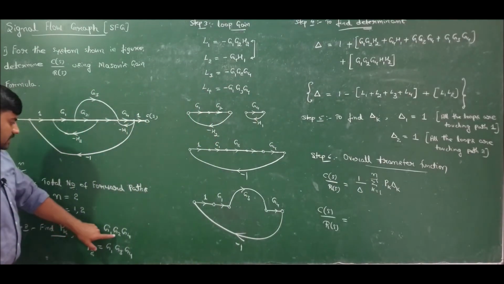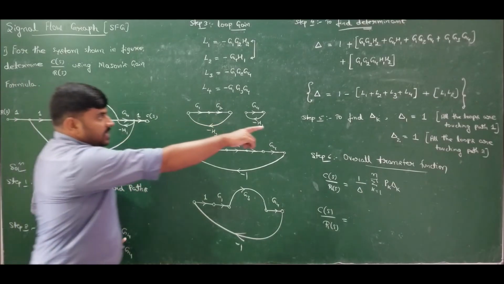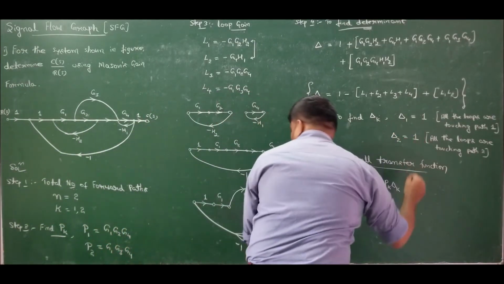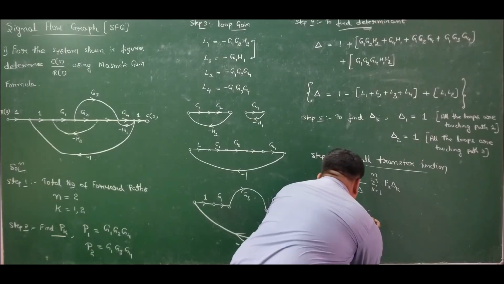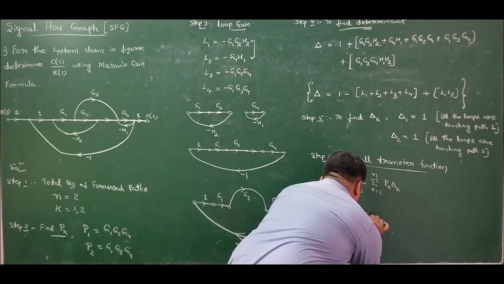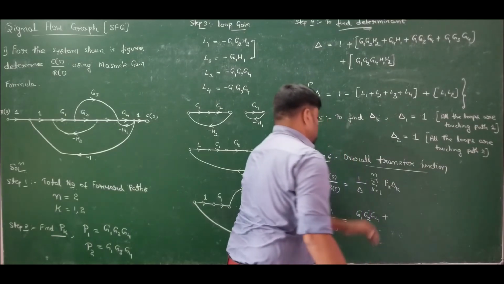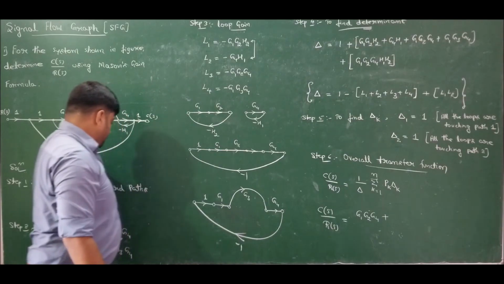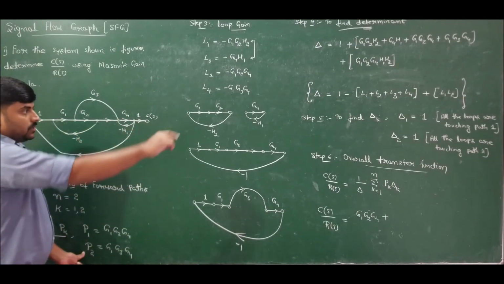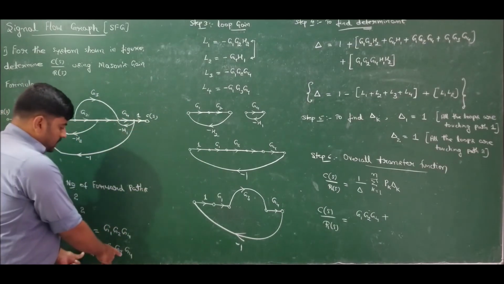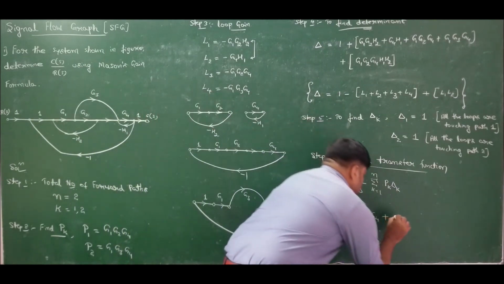P1 is G1 G2 G4 into delta 1, which is 1. So P1 delta 1 is G1 G2 G4 into 1, plus P2 delta 2. P2 delta 2 is 1 into P2, which is G1 G3 G4.